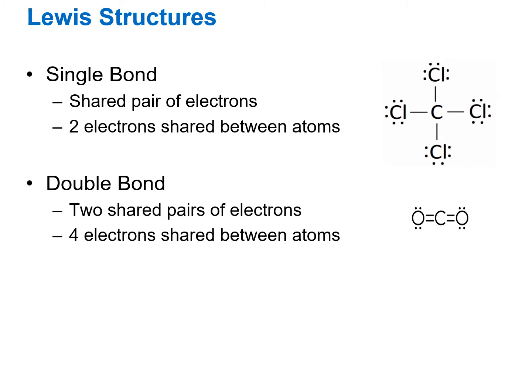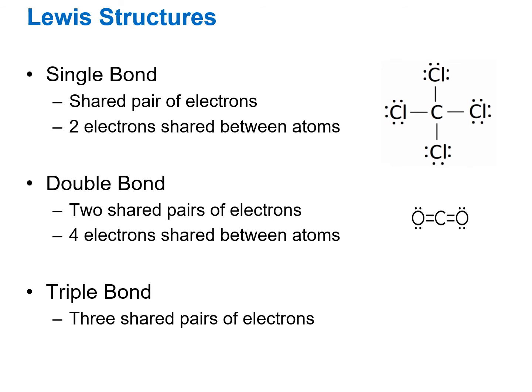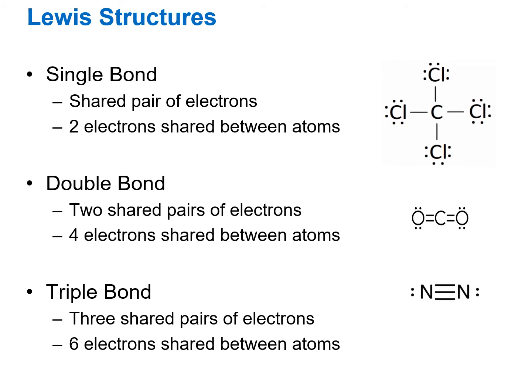And if we have a double, might we also have a triple? Indeed, that's the case. What do you think a triple bond is? That would be 3 shared pairs of electrons, a total of 6 electrons shared between 2 atoms. And we would draw that in a Lewis structure with 3 lines representing those 3 pairs, or those 6 electrons.